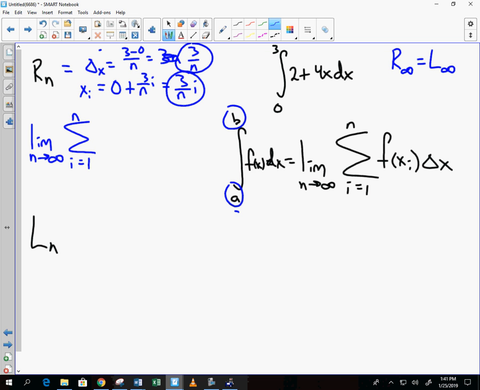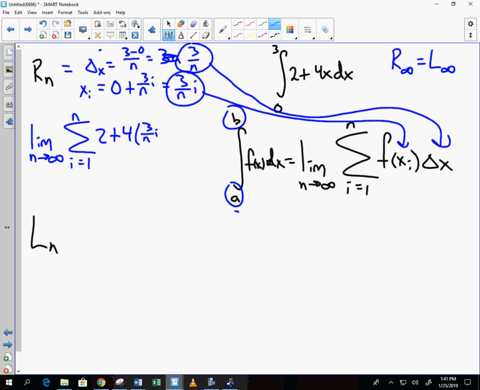This is my delta x, and I take this and I plug it into the function. So it's 2 plus 4 times 3 over n i. And all of that times 3 over n. Now, they wrote it out front, so I'll write it out front. And there's your summation.